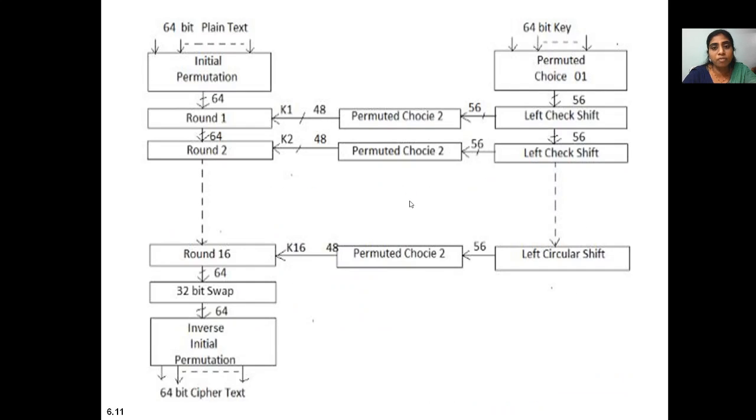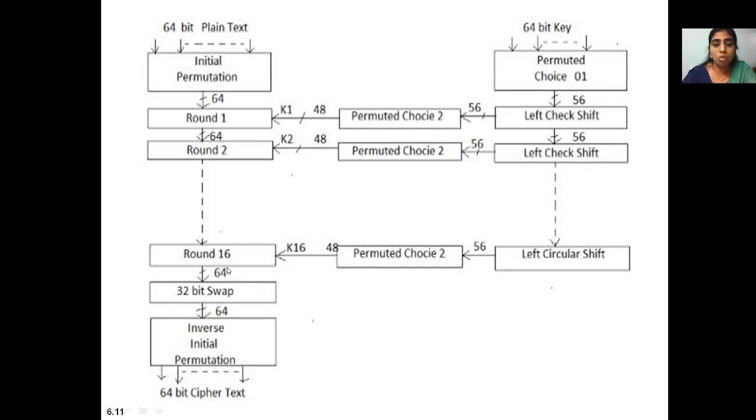So once you have the 48 bit key, this is the structure for the 16 rounds. Once you have finished the left circular shift and permuted choice 2, round 1 is finished. This process will continue for 16 rounds.